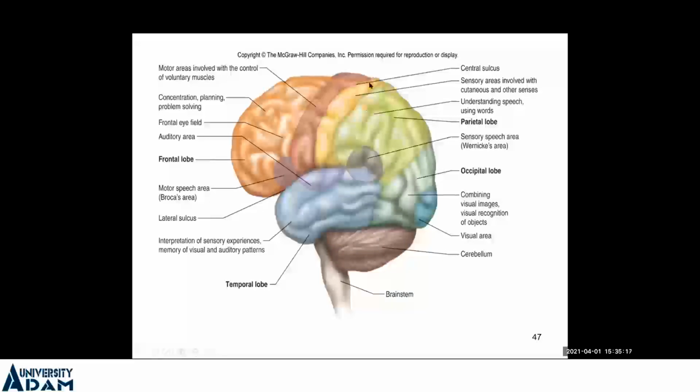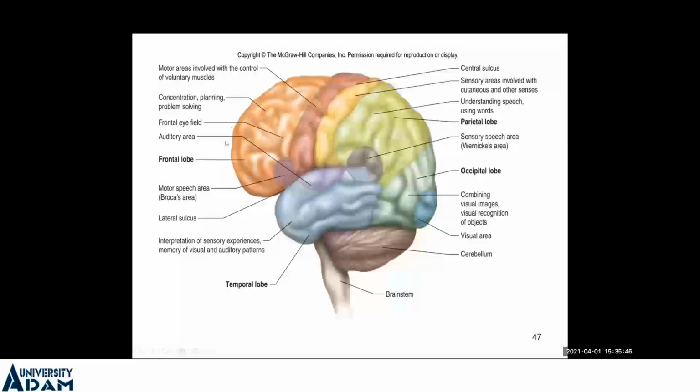So here we have motor areas involved with the control of voluntary muscles, the primary motor area here. Behind, the sensory areas involved with cutaneous and other senses, right? This one we call the precentral sulcus. This is the precentral gyrus, postcentral gyrus.